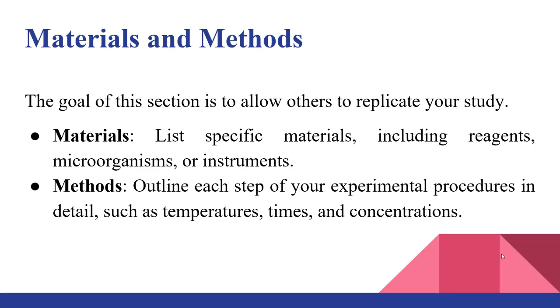This section includes materials, which mainly consist of a list of specific materials including reagents, chemicals, microorganisms, instruments, etc., as well as methods, which outline each step of your experimental procedure in detail, such as temperature, time, and concentration, which have been used for that research.